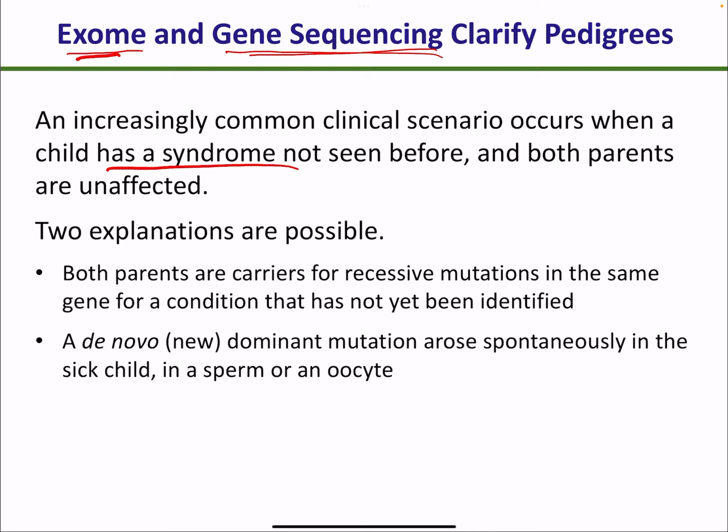In this case, we can see children expressing some disorders because both parents are carriers, but the parents didn't know this, that they were carriers of the condition and passed it down to the offspring. But this can also happen because a brand new mutation occurred spontaneously during the formation of gametes, whether that gamete was a sperm cell or an egg cell, right?